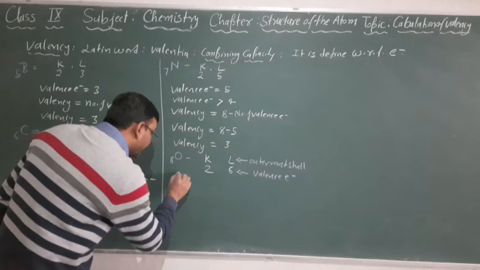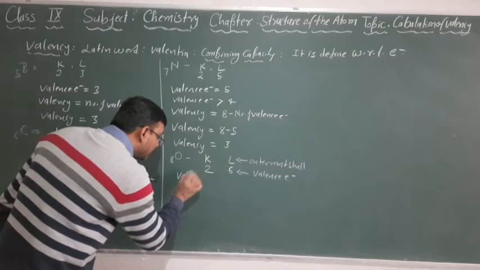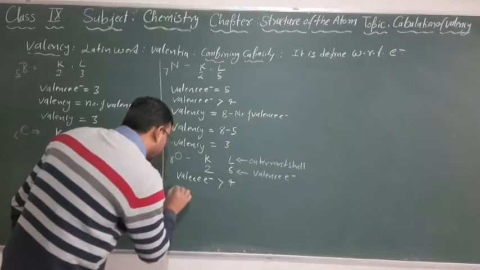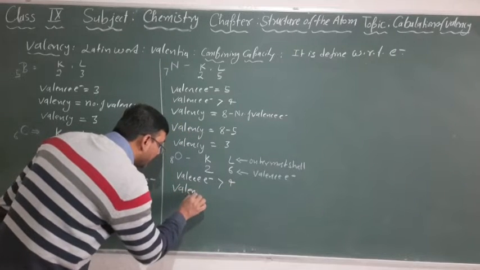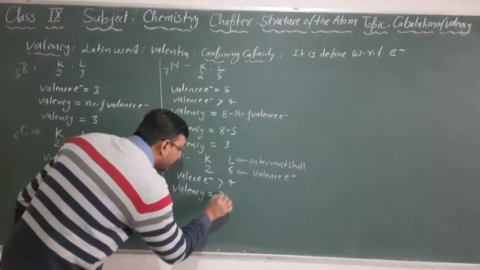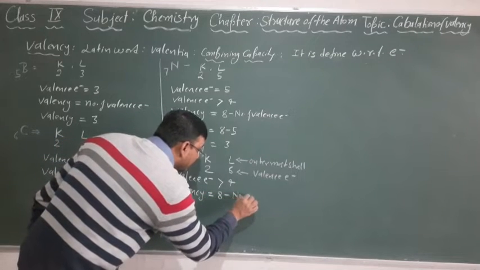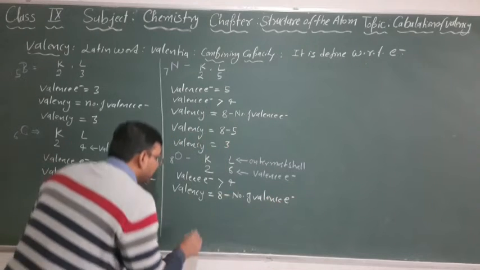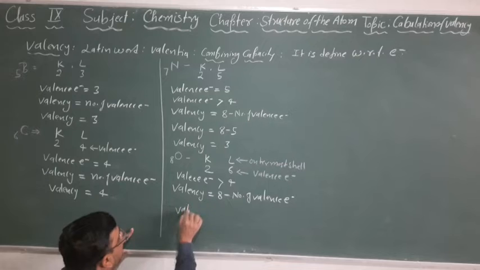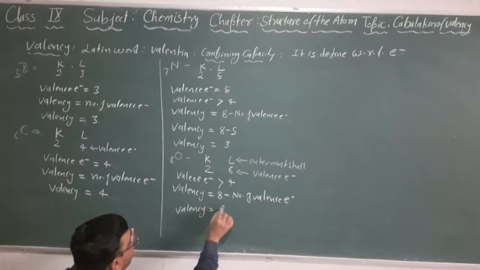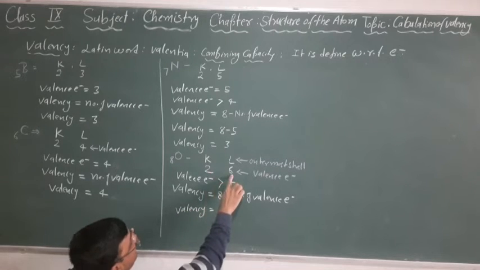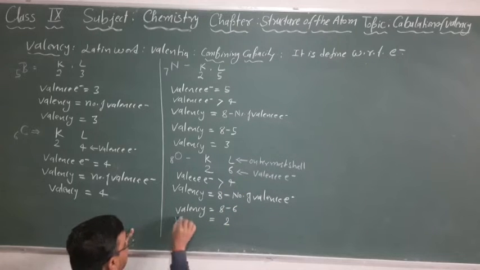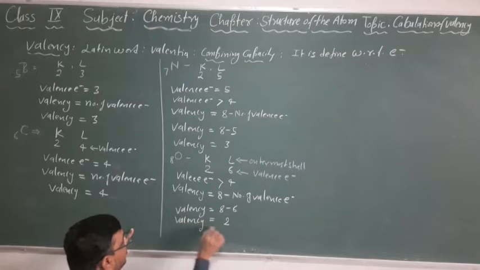So here valence electrons are greater than 4, then we apply the formula: valency is equal to 8 minus the number of valence electrons. Then valency is equal to 8 minus 6, so the valency of oxygen will equal 2.